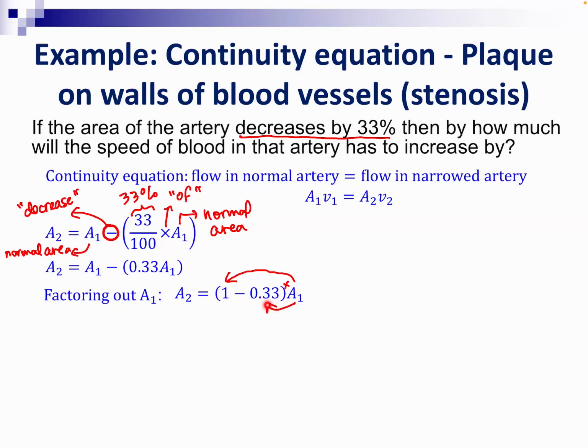A1 times 0.33, that's equal to 0.33 times A1. So you can see that you recover your original equation. Okay. So this is your original equation, and this is the factored out equation. Your factored out equation should recover the original equation if you multiply the factor to each term in the bracket.